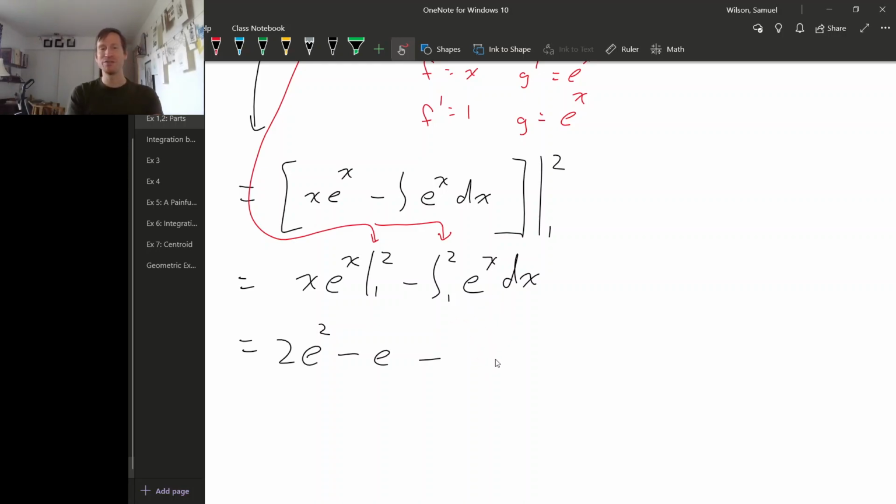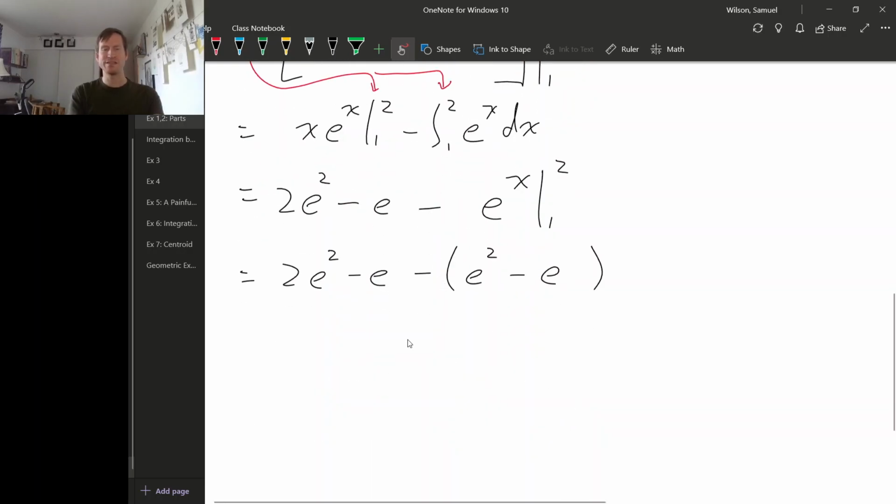So the antiderivative of e to the x is e to the x, and we need to evaluate at 1 and 2. So 2e squared minus e minus, now be careful, we need parentheses here. Plug in our 2e squared minus e to the first, that's e. And then we can simplify this stuff. So it looks like these e's are going to cancel, and 2e squared minus e squared, that's e squared.